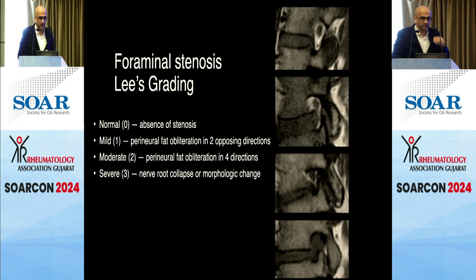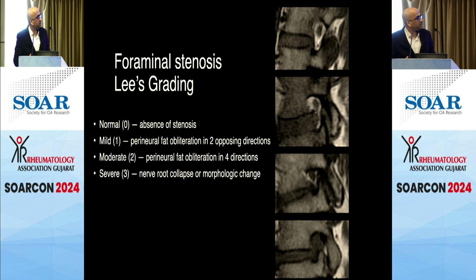Foraminal stenosis is another area where a nerve root can get compressed. This is how a normal foramen looks like. This is like a keyhole appearance. So there is this nerve root, that's normal. This is the pedicle. This dot is the blood vessel that accompanies the nerve root, and this is the fat around the nerve root.